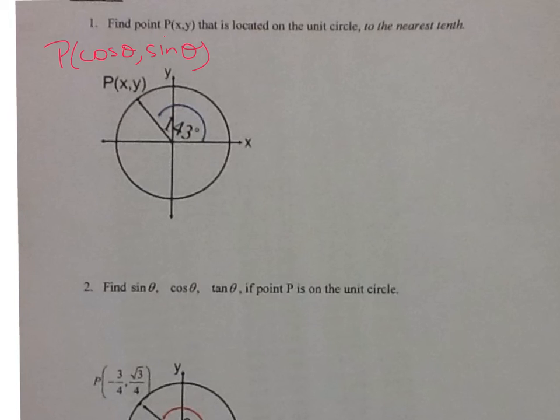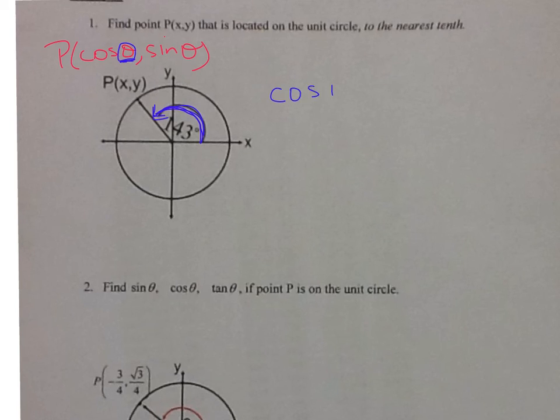Your theta is whatever your angle is that's terminating in quadrant 2. So your theta is this angle, and this angle is 143 degrees. So I can change my theta here to 143 degrees.